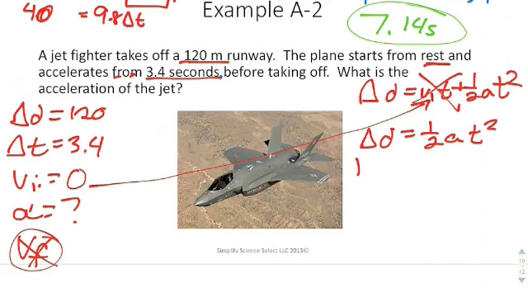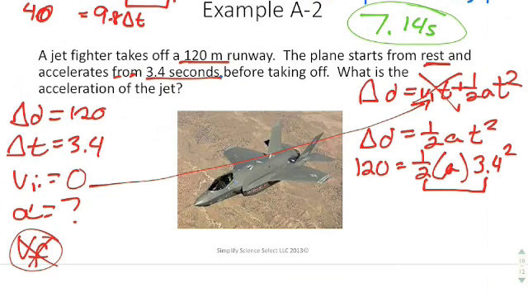So we plug in our numbers. 120 equals 1/2 a, which is what we're trying to solve for, and then our t term is 3.4 squared. So the first thing we need to do is combine these terms right here. So I'm going to take 3.4 and square it, and then multiply it by 1/2. When you do 3.4 times itself, you get 11.56.